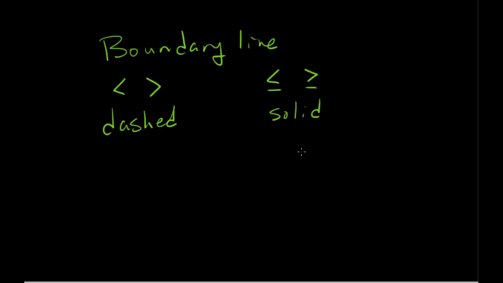So we need to keep that in mind. Linear inequalities can look like y is greater than 3x plus 2, or like 3x plus 4y is less than or equal to 8. These are two examples of what a linear inequality will look like.